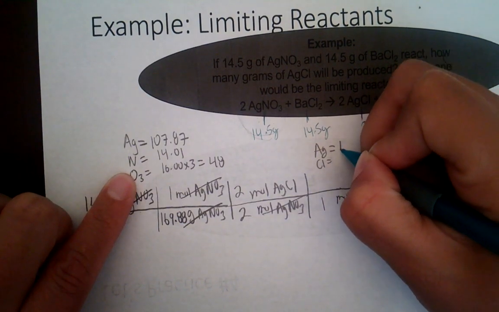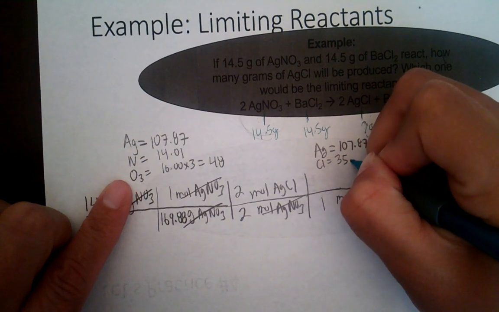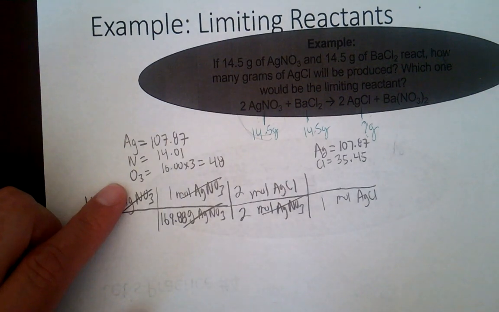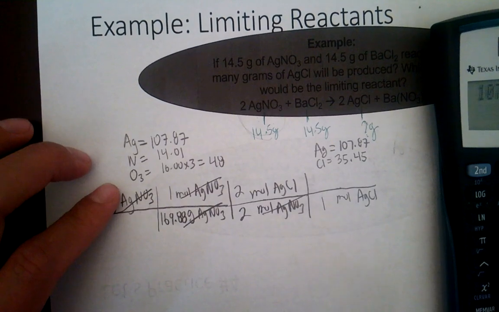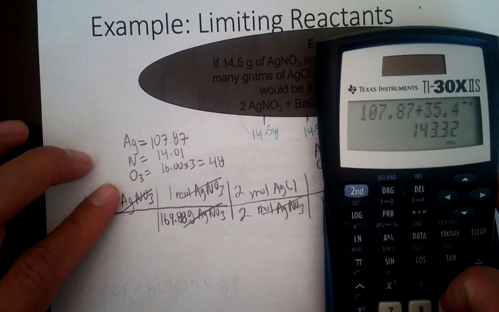And Ag we said is 107.87. Cl, I just remember, is 35.45. Let me just double check. Yep, and I'm going to add those together. Plus 35.45. And that's 143.32.